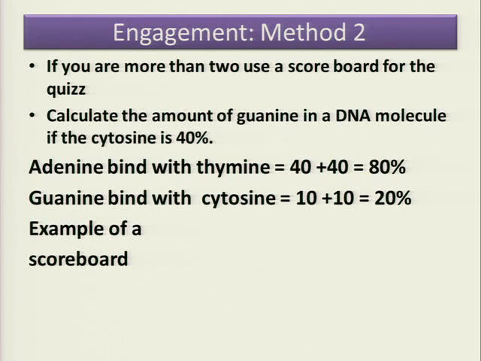Right, engagement, which is method number 3. If you are more than 2, you can use a scoreboard for the quiz. In the first activity, you'll give yourself the score. In the second activity, you also give yourself.